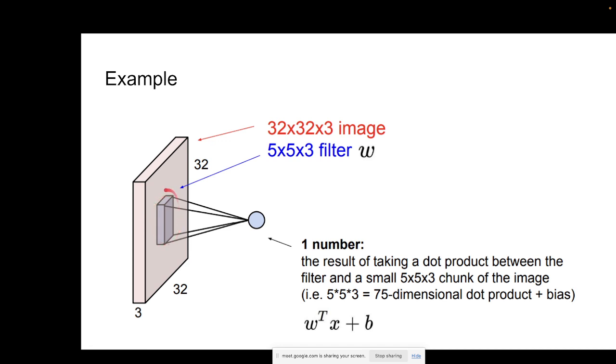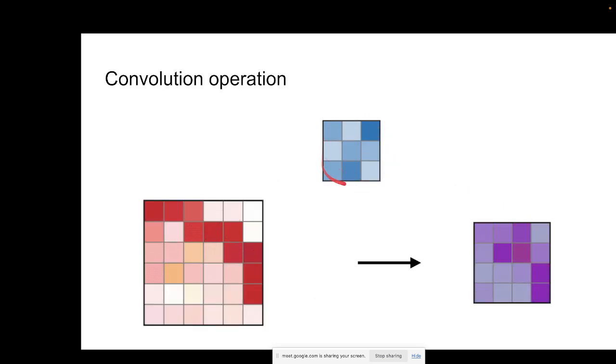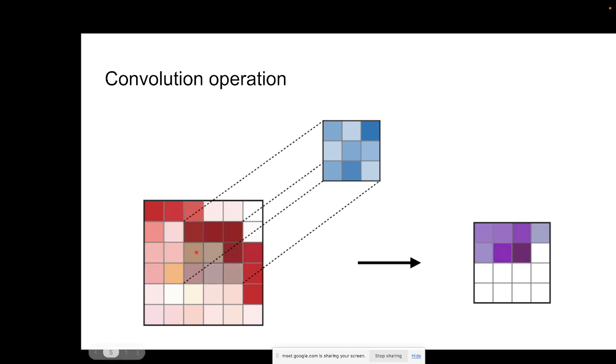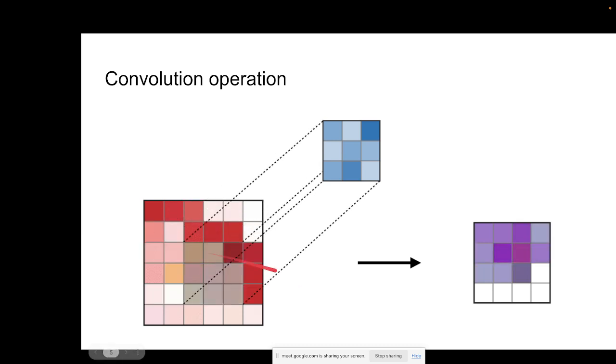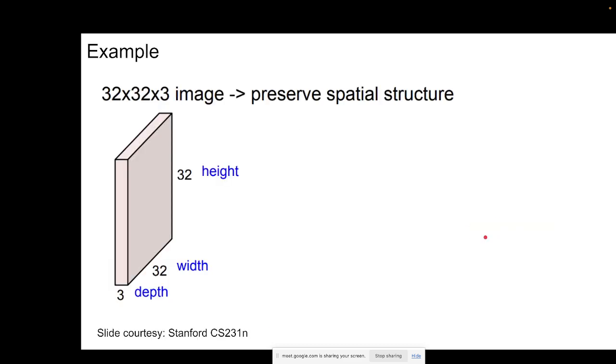So now, given this particular patch in the image, what are we gaining out of it? Going back to this GIF, the moment you have this filter and you pass it on to some window in the image, all you are getting is a sum of products, which means you are getting a number corresponding to the first cell.